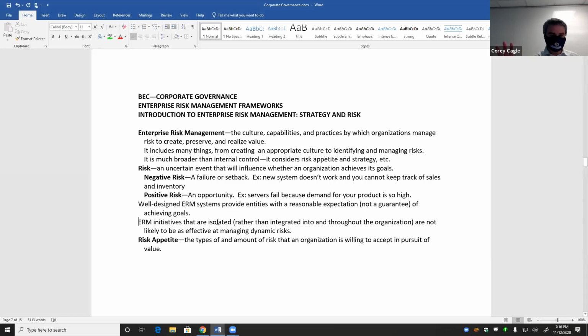So, these initiatives, the more they're integrated throughout the organization, the better than if they're just isolated. If we had accounting department initiatives that were our own thing without any regard to the overall College of Business, and then the finance department was doing something, this wouldn't be as effective as how we actually do things, right?